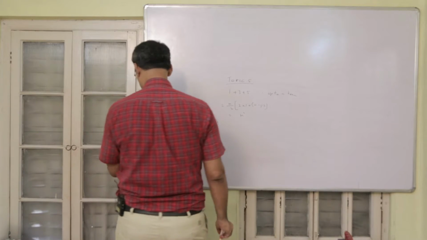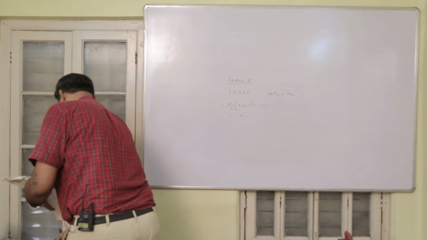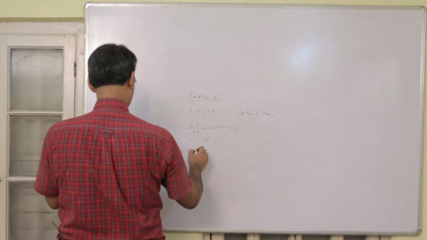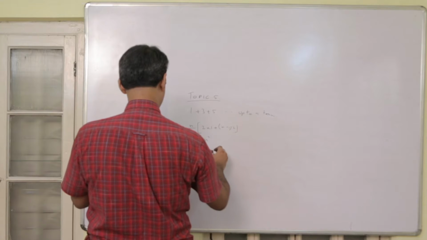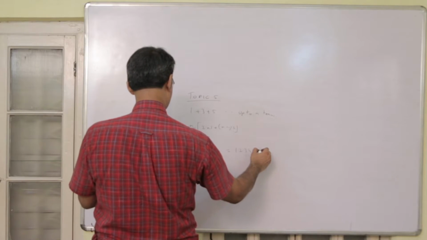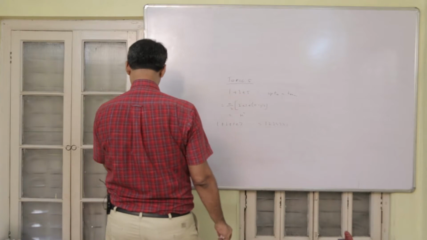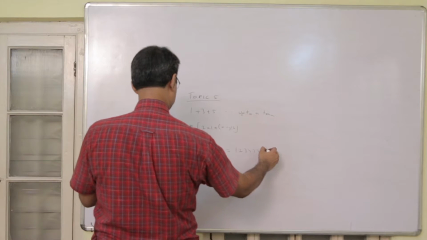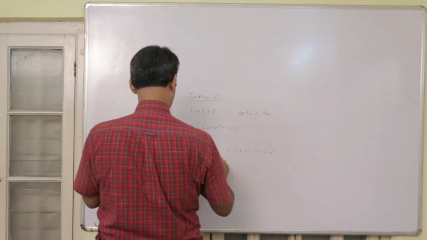Say for example, if we are doing a question like this, that there is a series 1 plus 3 plus 5 plus 7, and how many terms we should take of this series to get 1, 2, 3, 4, 3 to 1. So that means n square is 1, 2, 3, 4, 3 to 1.